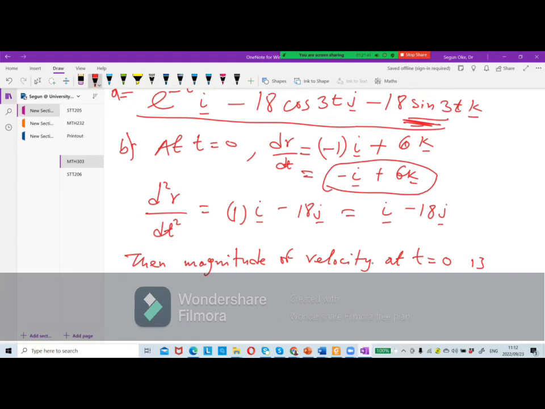So it simply means I have the square root of negative 1 squared plus 6 squared, which equals the square root of 37. Excuse me, it's 6 squared, not 16 squared.